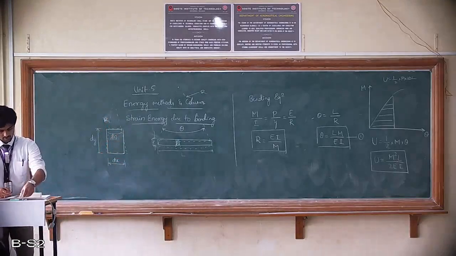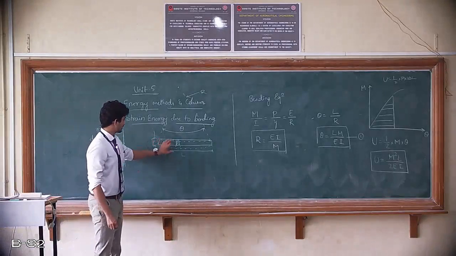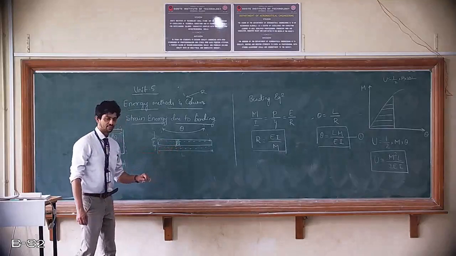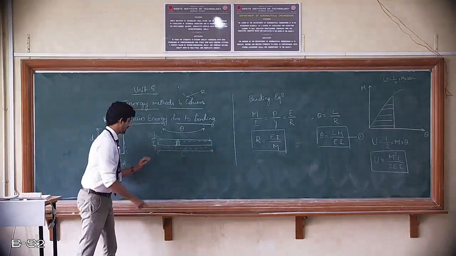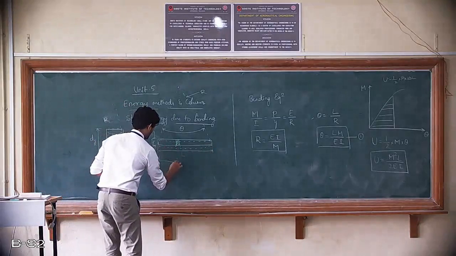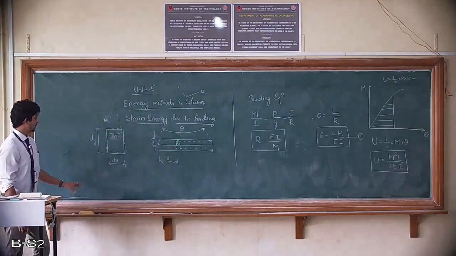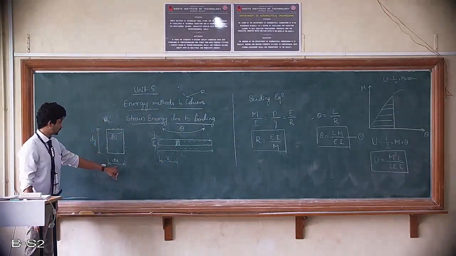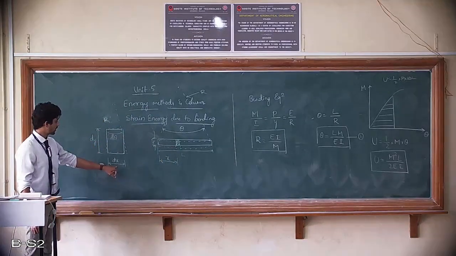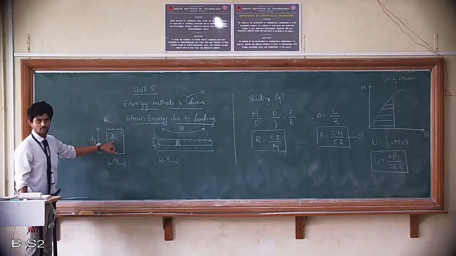For this particular section, in a given beam, we consider a section of length dx from one of its ends at a distance x. Let the width be dy and the length of the element be dx. When the load is applied, it results in a radius of curvature R and theta, the angle of curvature.